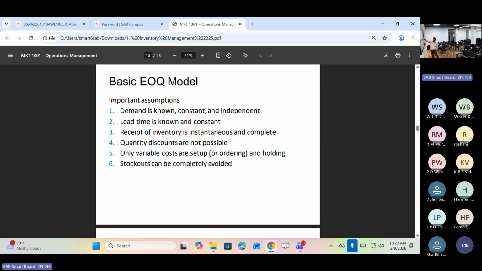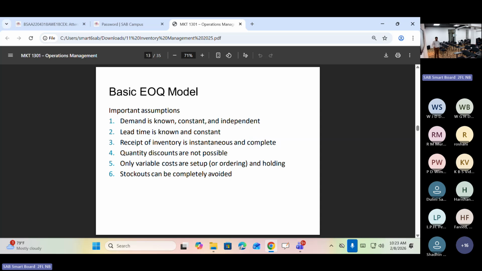This is popularly known as the EOQ model that has been developed based on certain assumptions. I hope some of you are familiar with this. So the basic EOQ model is developed based on many assumptions. Most of these assumptions are not realistic.